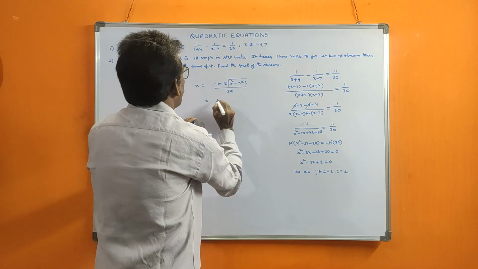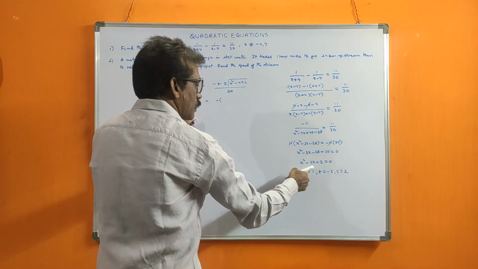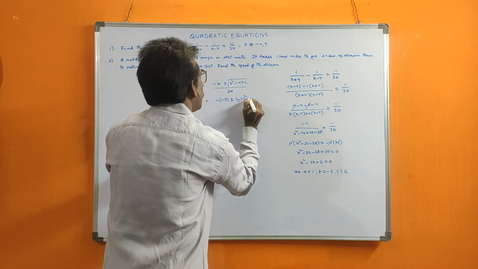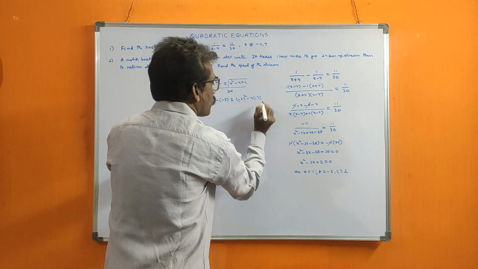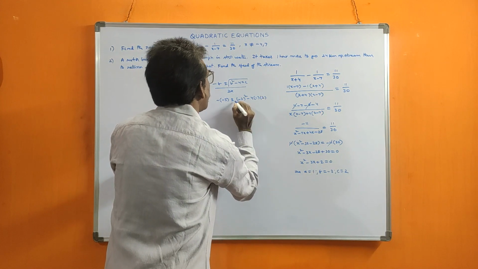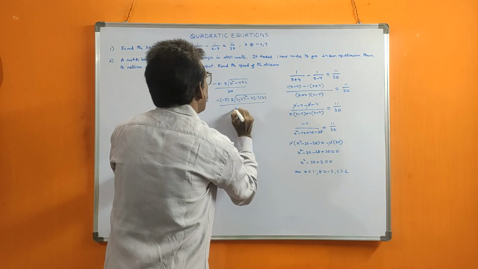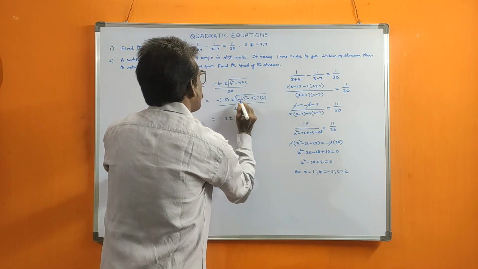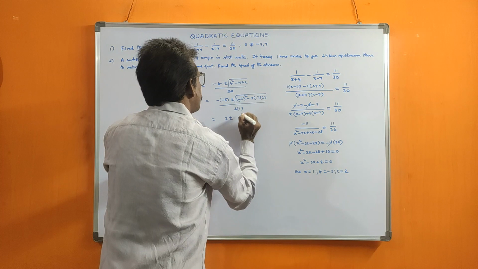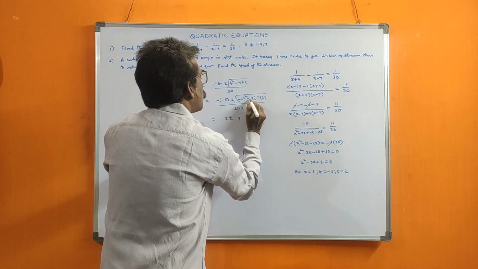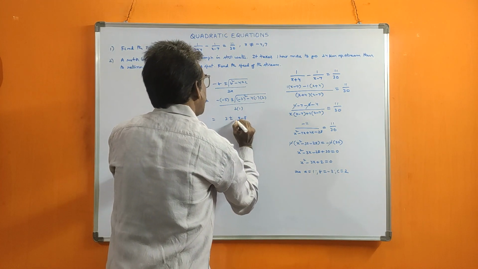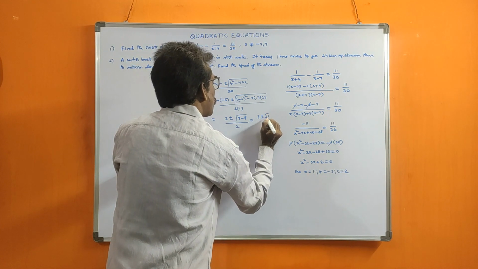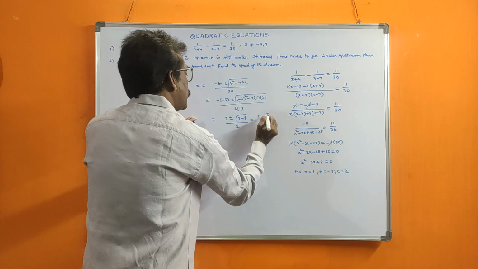Now we write minus of minus 3 plus or minus square root of minus 3 whole square minus 4 into a is 1 into c is 2, whole by 2 into a is 1. So minus into minus is plus 3, plus or minus root of 9 minus 8, by 2. This is 3 plus or minus root 1 by 2, because 9 minus 8 is 1.